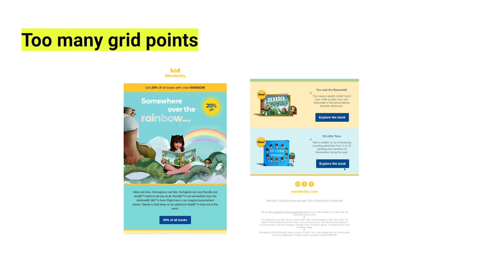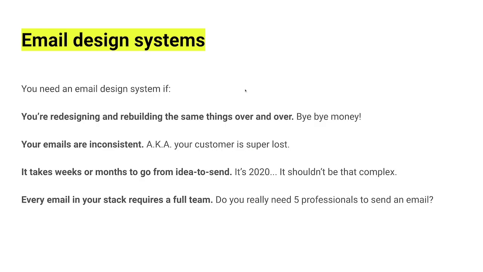Again, I think this email probably performs fairly well. These CTAs are nice and big and very clear, really great imagery. So these are picky design problems, but when you solve these problems and create a design system that's consistent, it really makes a difference in the way that your email is perceived.